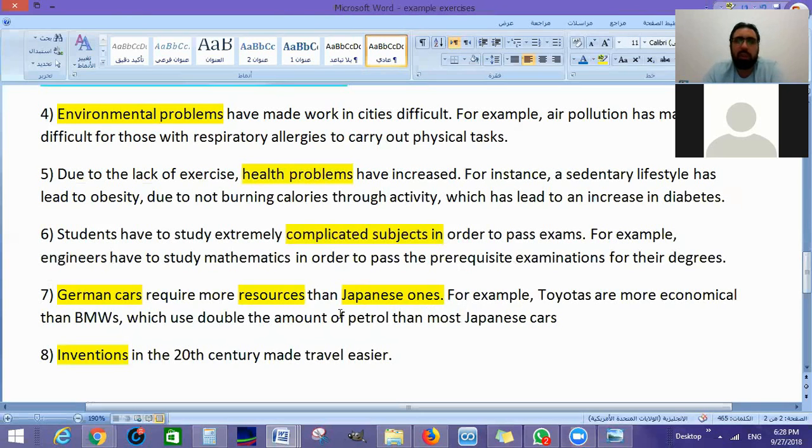So here we've given an example of a German car, we've given an example of a Japanese car, and also we've given an example of resources. Okay, so now all we have is inventions. The last one, inventions in the 20th century have made travel easier.